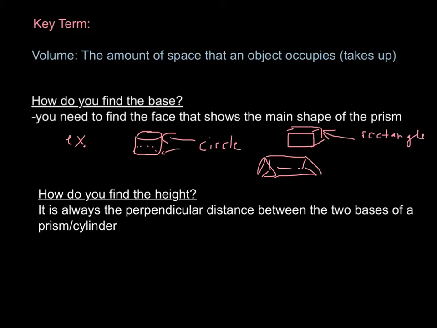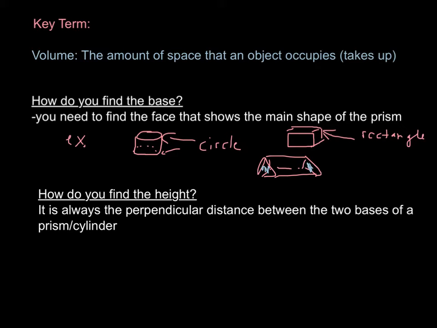In this wonderful drawing I have here, these clearly are the bases because they form the triangle. These sides, you wouldn't call this a rectangular prism. You look for the shapes here that really make what it is. So if it's a triangular prism, you're looking for the triangle. If it's a rectangular prism, you're looking for the rectangles. If it's a circular prism, which is actually a cylinder, you're looking for the circles. Okay, so that's always the basis of your 3D prisms. It's just the shape of the prism.